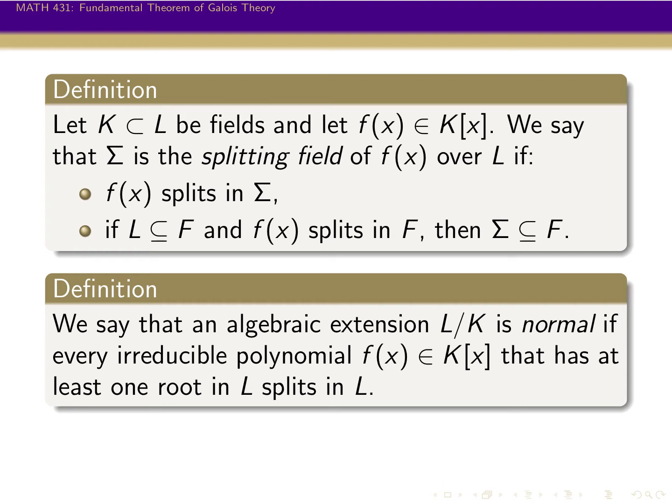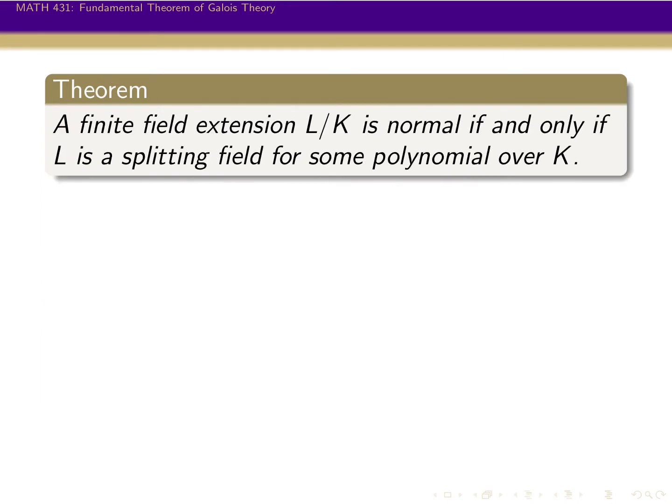So it has all of the roots in L. Or alternatively, if a is in L, then all the other roots of the minimal polynomial for a over K are also going to be in L. And the big result we saw is that splitting fields are normal and normal extensions are splitting fields. So a finite field extension L over K is normal if and only if L is the splitting field for some polynomial over K.